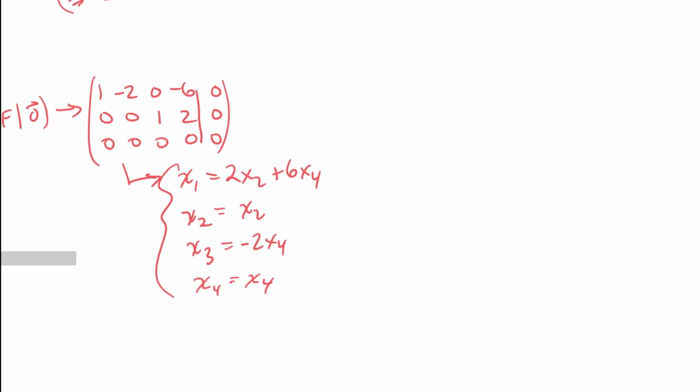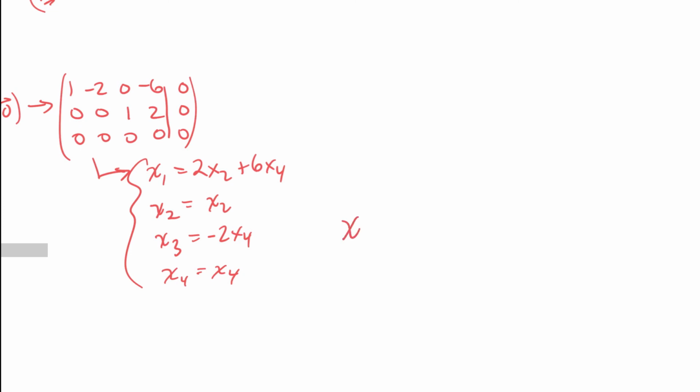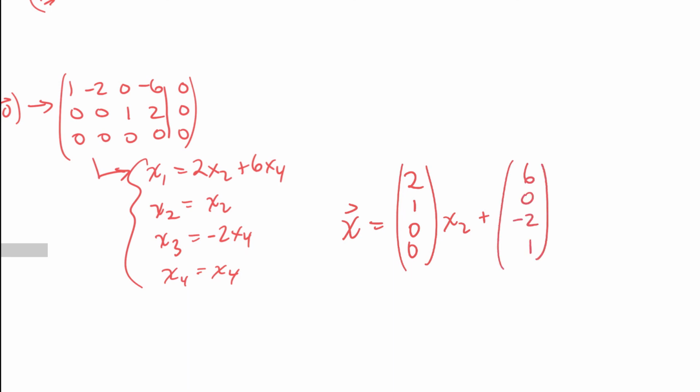Now when I convert this to a vector, I have the vector x equal to (2, 1, 0, 0) times x2 plus (6, 0, -2, 1) times x4 there.